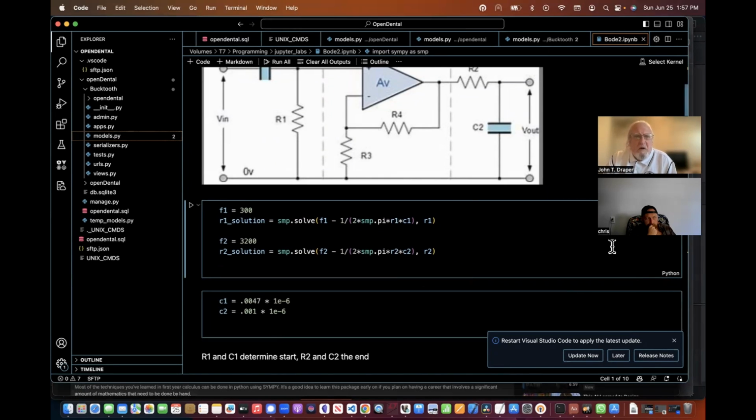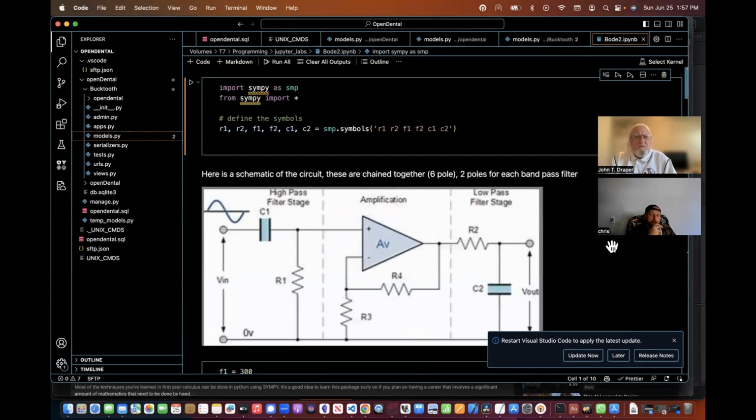Okay. In order to do that, the first thing we have to do is use a lot of symbolic stuff here, because this is a mathematical thing. Remember, I warned you people in the earlier video that there's going to be math involved. So learn your math, kids. Study hard, because you're definitely going to use this stuff. First, we have basically 6 symbols in our formula: R1 and R2, F1 and F2, C1 and C2.